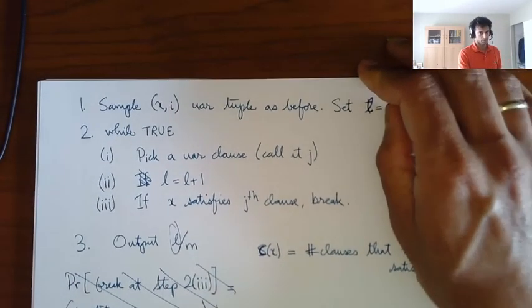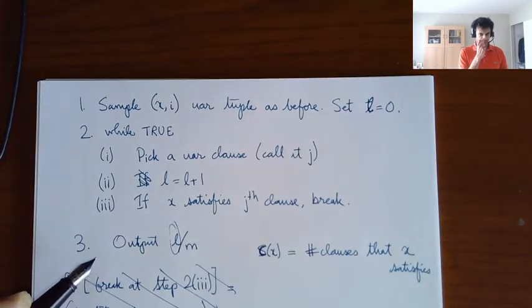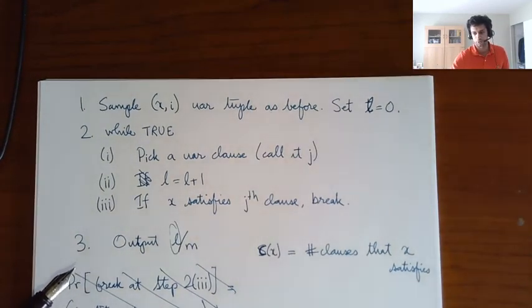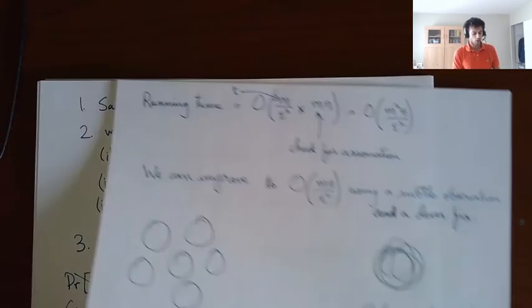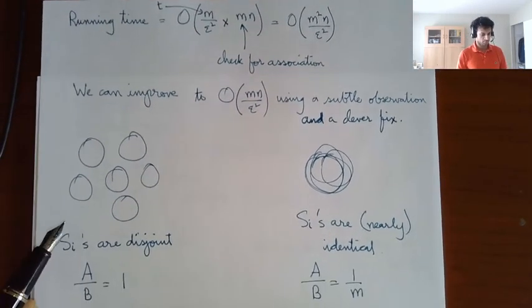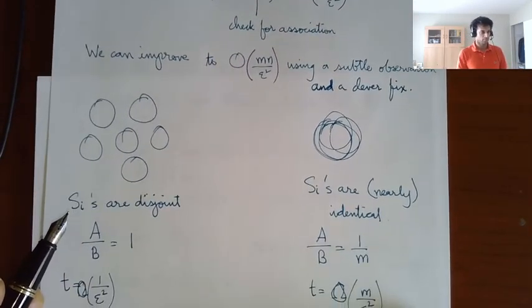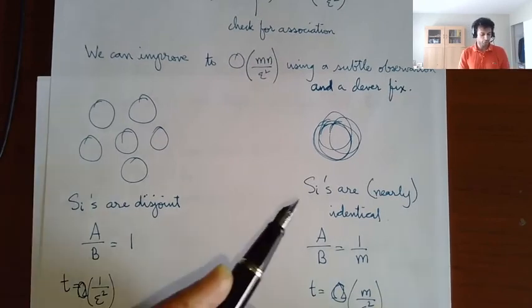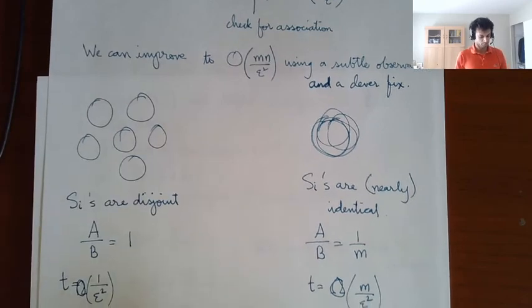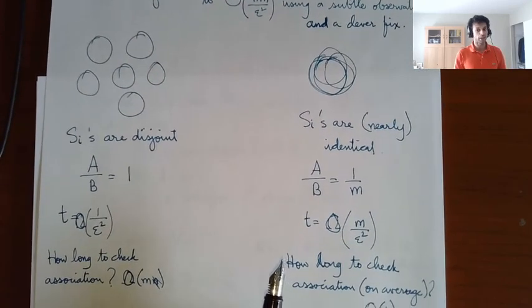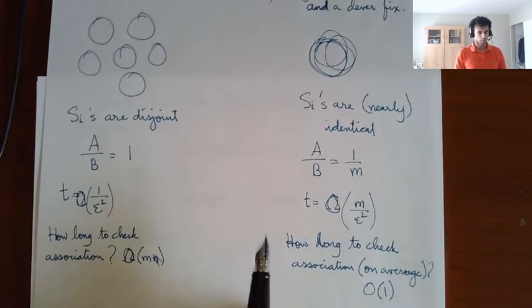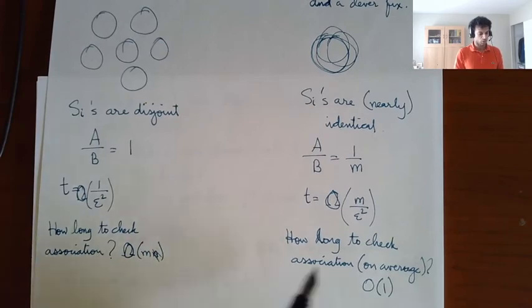Now, the way to think about this is, if you are in this situation, the loop is going to take a long time to break. If you are in this situation, the loop is going to break much faster. So this loop is exploiting this.